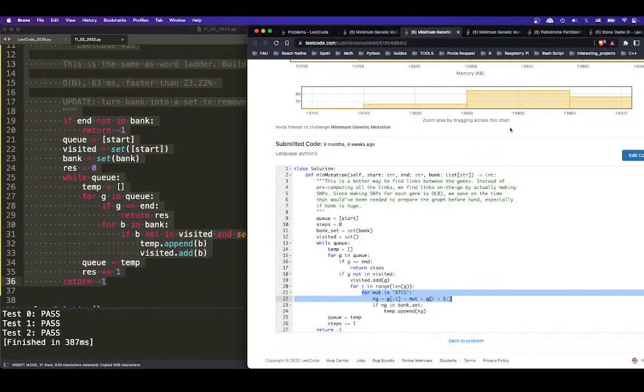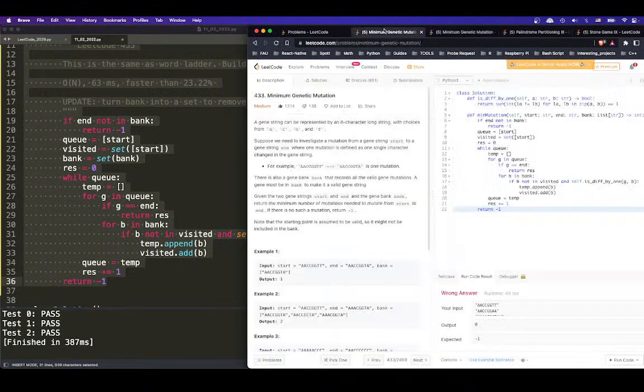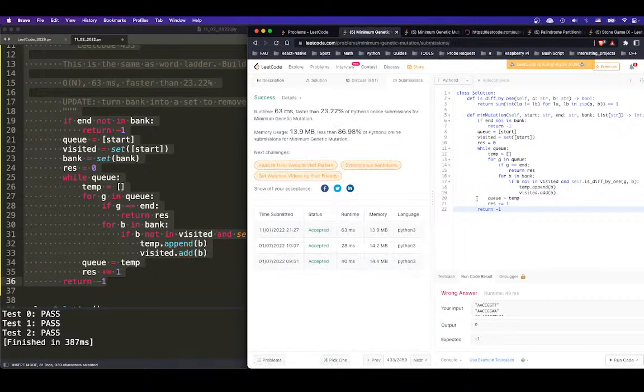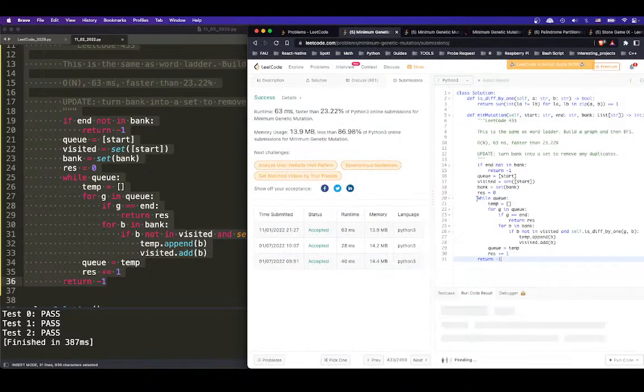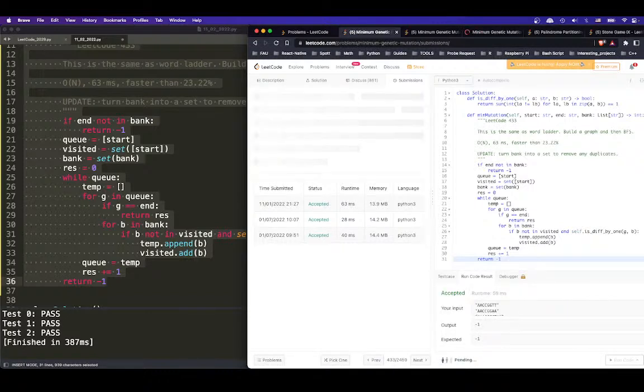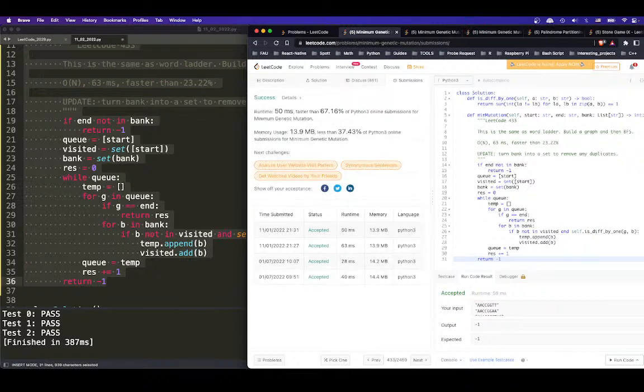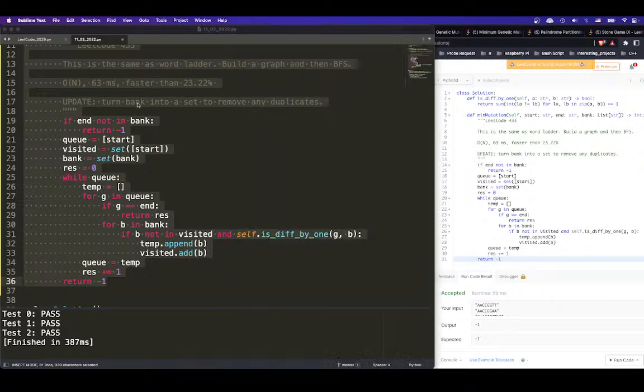Did I actually build? I think I actually built a graph the first time I did this. Just take a look. Okay, that's done.